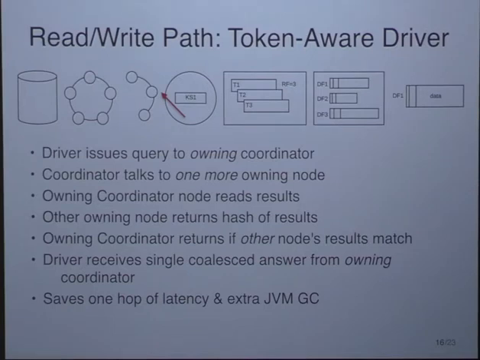Sometimes it's not even that much, but you do end up paying garbage collection on that non-owning coordinator because it has objects on its heap that were just there because it was trying to return the response back from one of the owning nodes. If you configure your driver to be token aware, then you skip that extra garbage collection that happens on the non-owning coordinators.